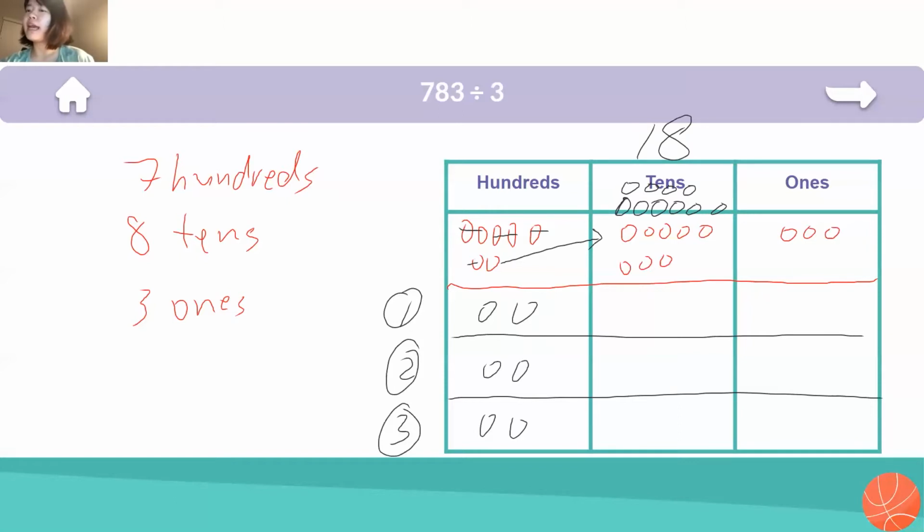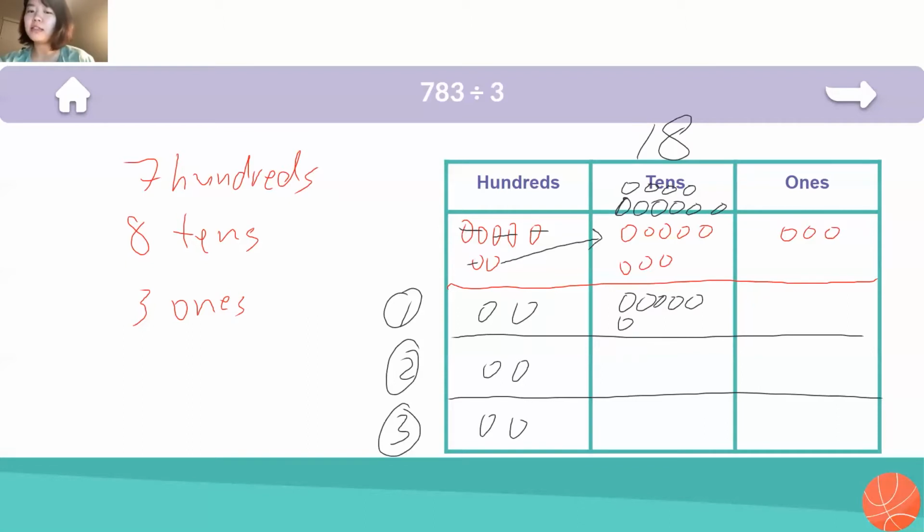What is 18 divided by 3? Use your mental math. 3 times 6 is 18. Oops, I need to draw one more.